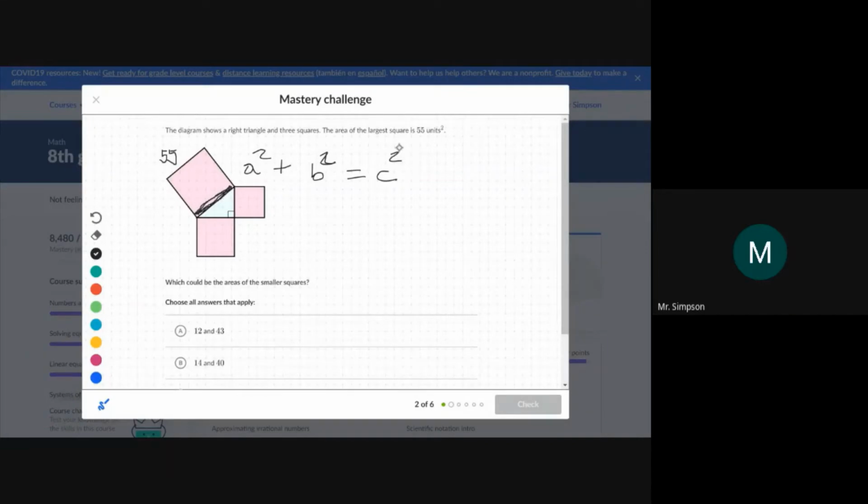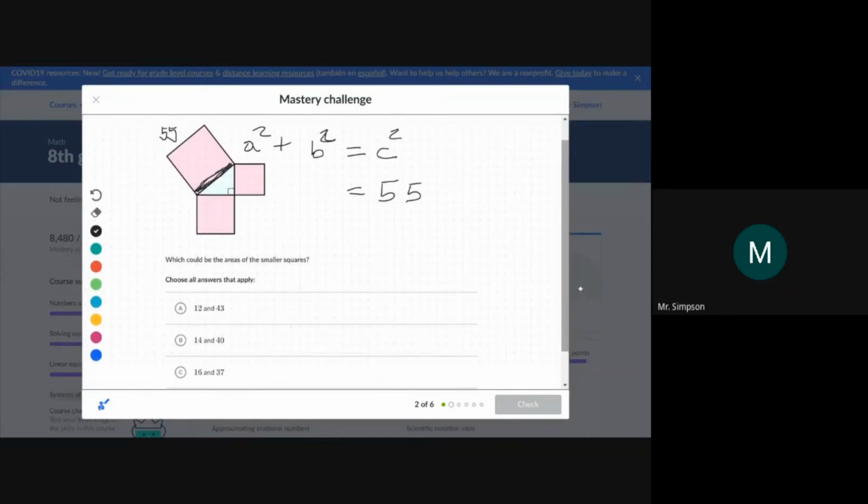Now C square, or C, is the longest side of your triangle. So that's 55. So whatever we do here, when we add these two numbers, it should give us 55.